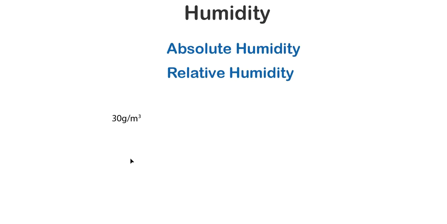Okay, let's start with what we just mentioned. We have 30 grams of water vapor in a cubic meter of air. How much water vapor can the air actually hold? Well, that takes a little science at different temperatures and pressure, but let's say that it can hold 60 grams per meter cubed.